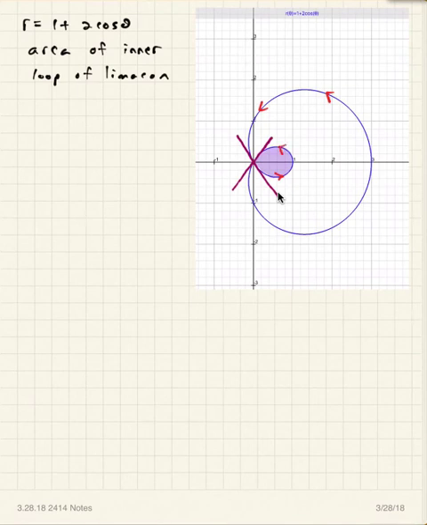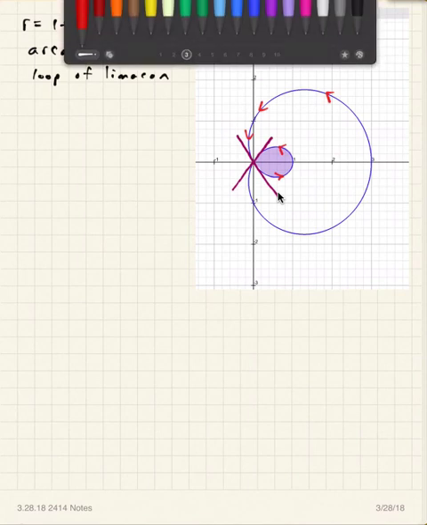And so what angle does it pass through the pole at? Those are the bounds on the inner loop right here. And so those are the angle values that we need here, definitely. And so how are we going to do this? Well, what are those angles right here? All right. So what are the tangents at the pole?